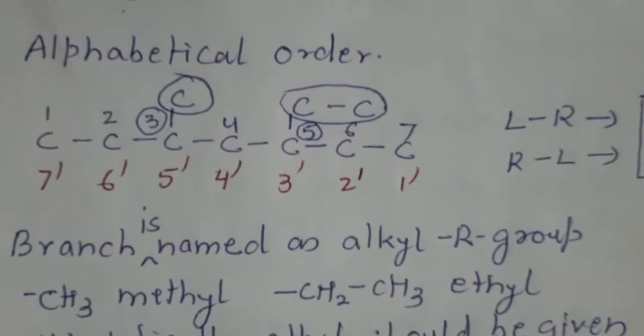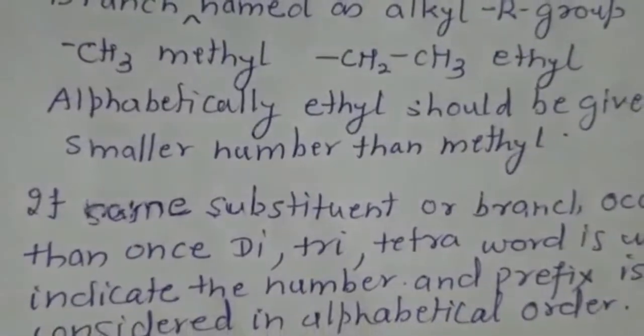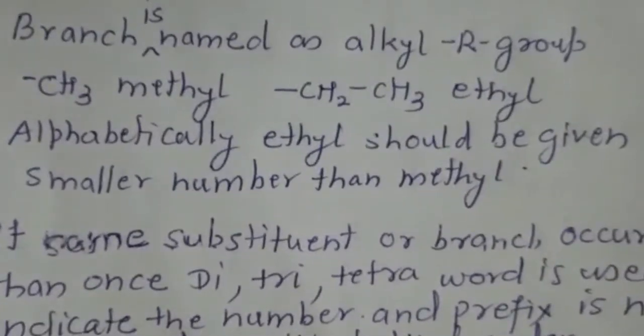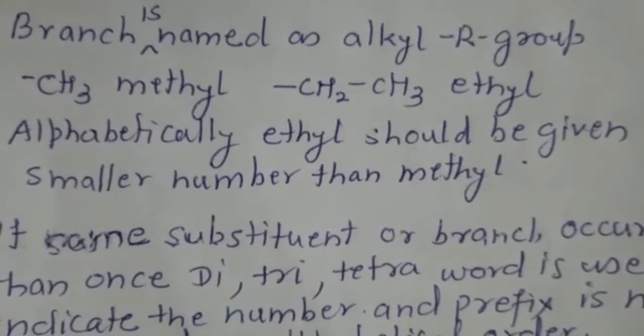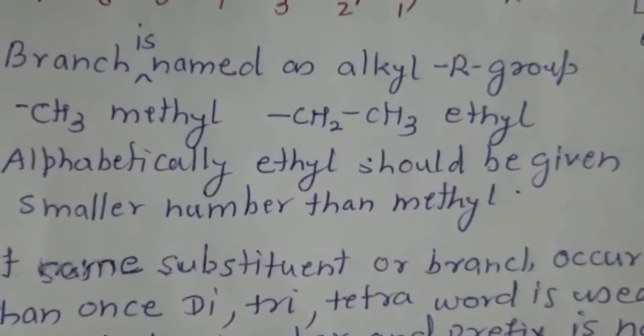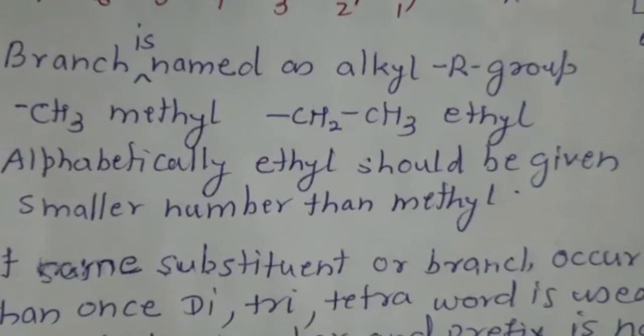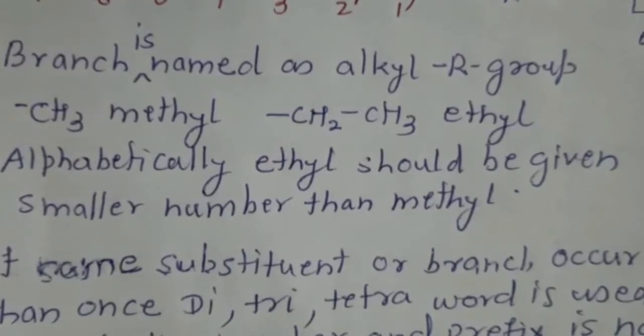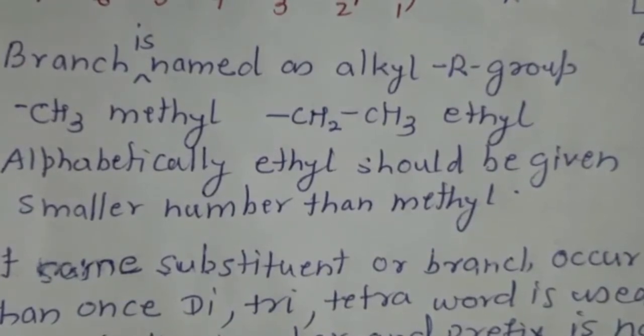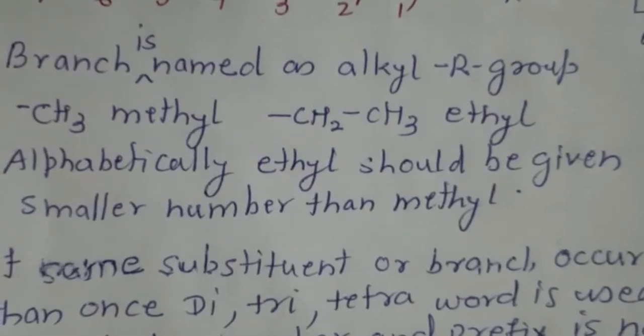Now next, di, tri or tetra term, which is used for indicating the substituent which comes more than one time on the principal chain in the form of branch. Suppose there are 2 methyl groups, then we use it as dimethyl, and 3 methyl groups, then it is named as trimethyl.